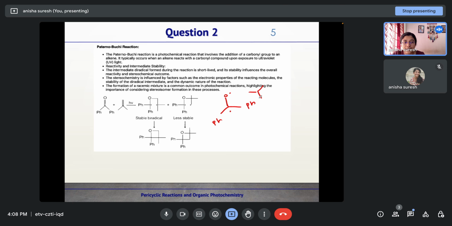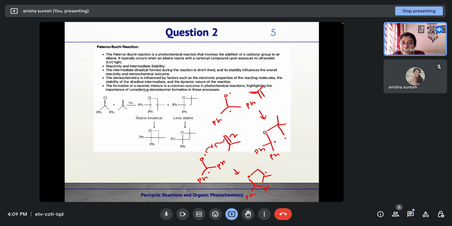If the alkene is orienting in this fashion, it will lead to formation of this biradical, and if it is orienting in this fashion, it will lead to formation of this biradical, right?